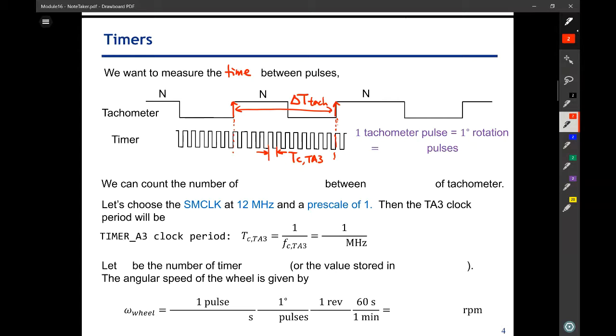For each tachometer pulse, we have n timer pulses: 1, 2, 3, up to n. So we can count the number of timer pulses between rising edges of the tachometer.